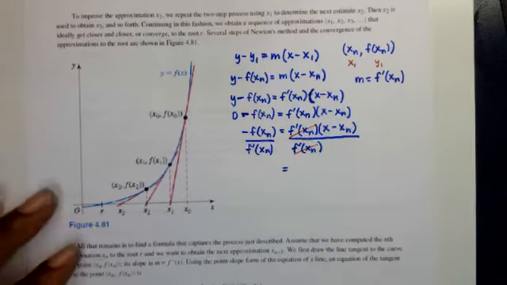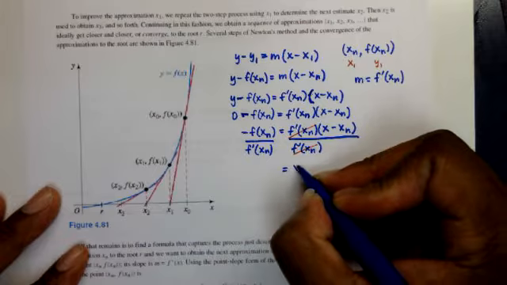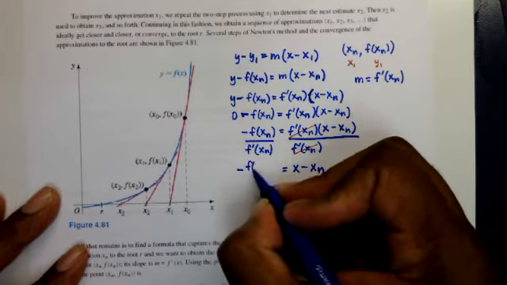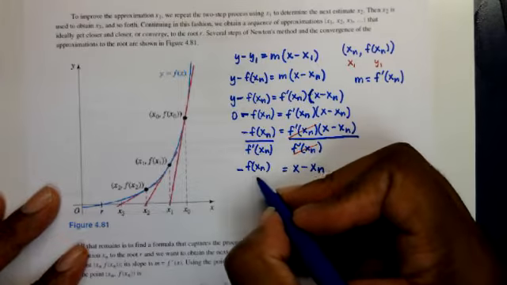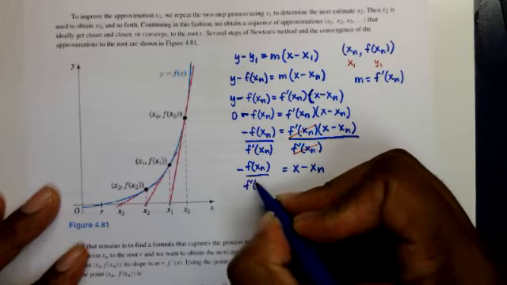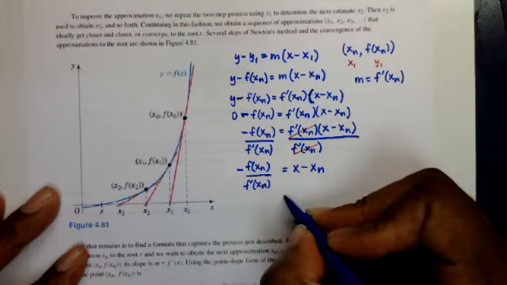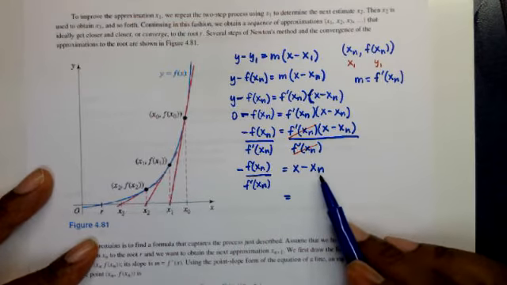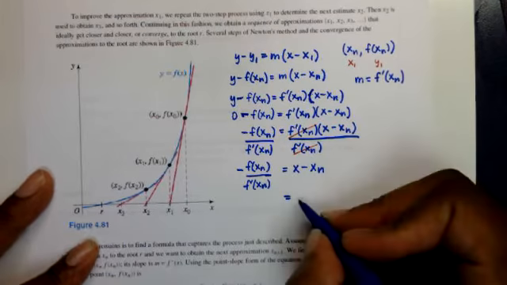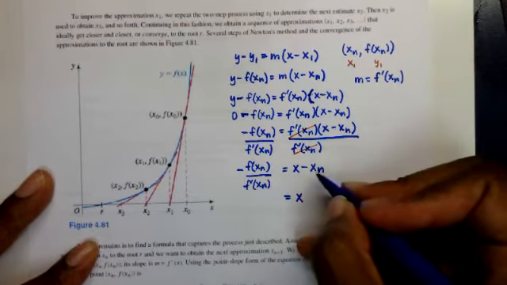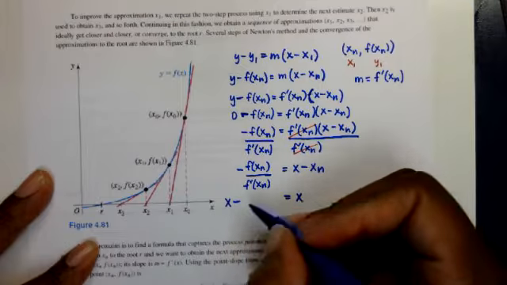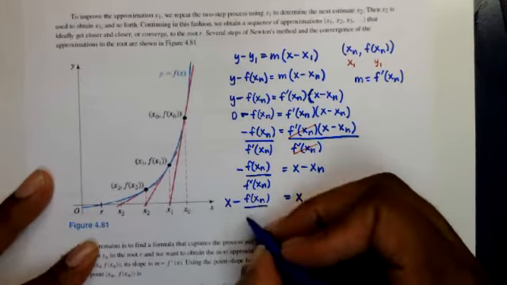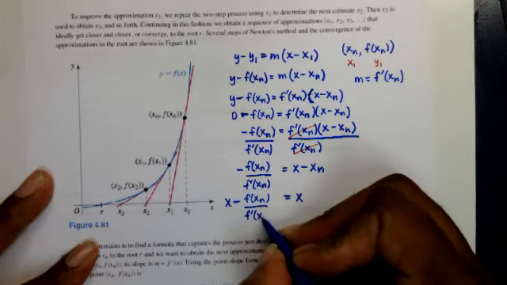I'm left with x minus x sub n on the right side, and that's equal to negative f of x sub n divided by f prime of x sub n. And of course, to get x by itself, I'll move the minus x sub n over to the other side. So this x will be by itself. On the other side, it'll be x and then minus f of x sub n, and that's only divided by f prime of x sub n.